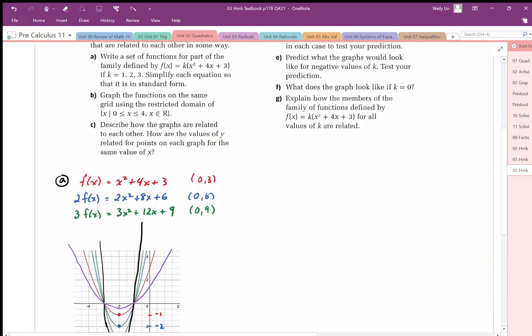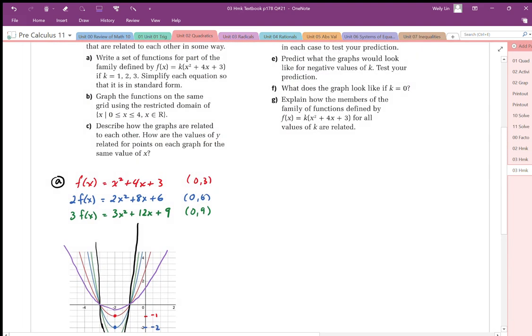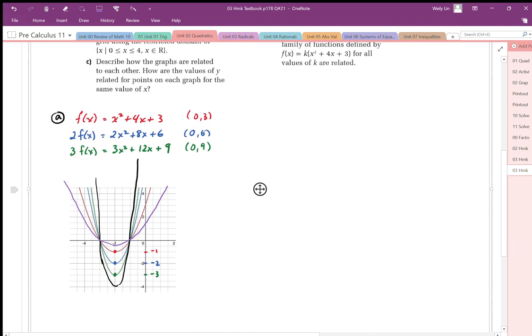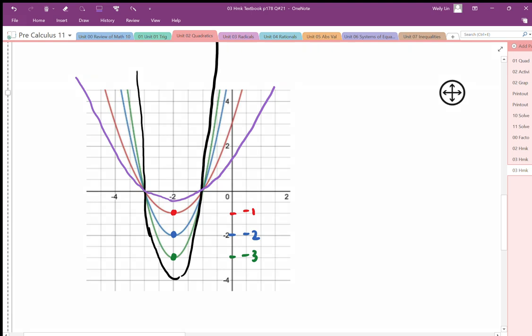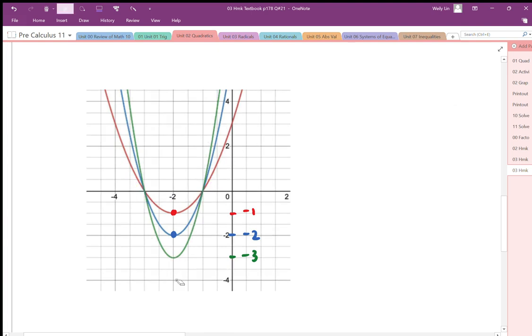For part E, it says for negative values of k. Now if we graph negative values of k, what's going to end up happening is we're just going to end up with the same y coordinates but all upside down. So the zeros are going to remain the same, and then we're going to have the graph go like that.